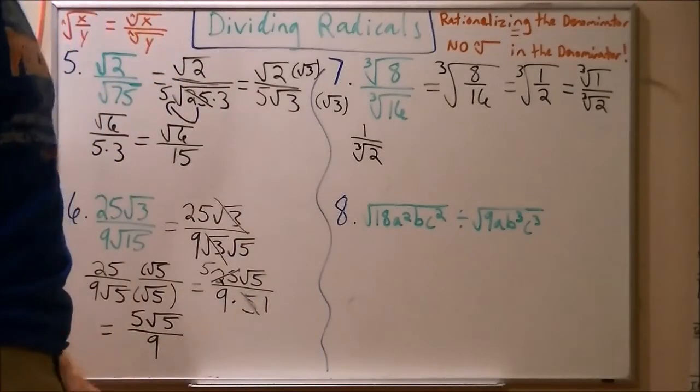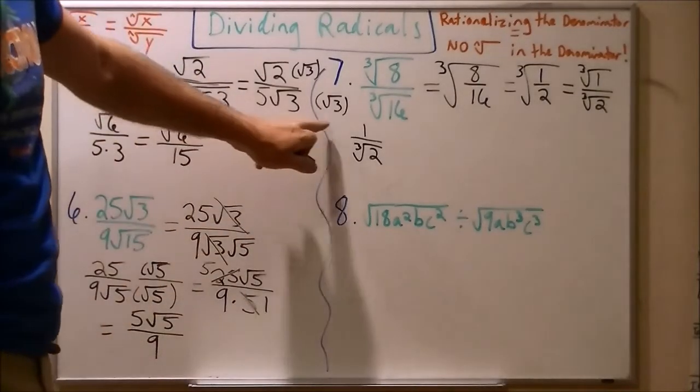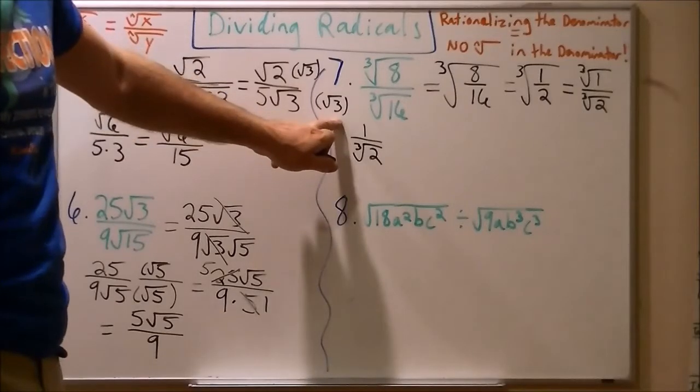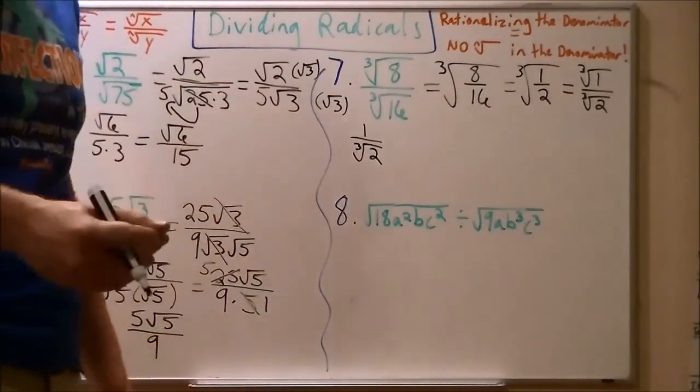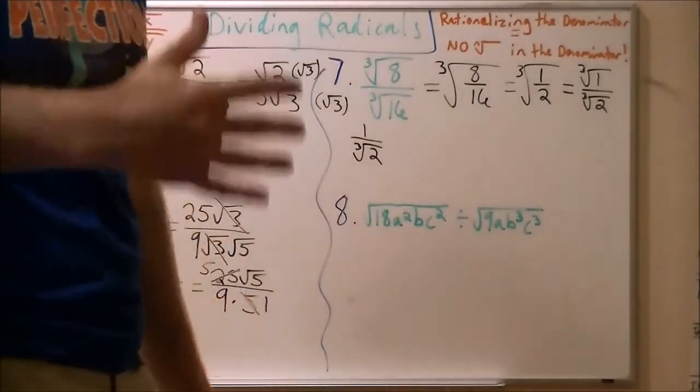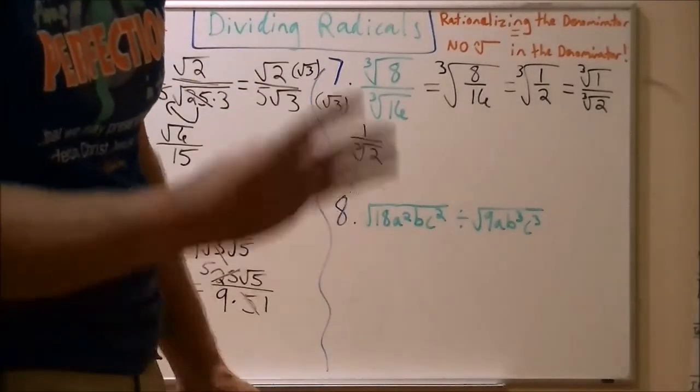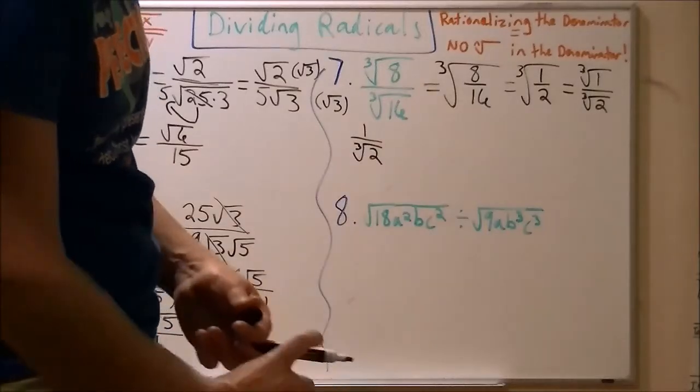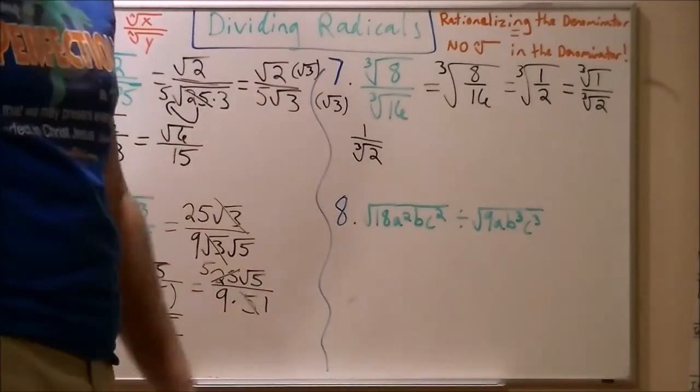A square root, you only have to multiply it by itself once because it's what number times itself. A cubed root is what number times itself, for a total of 3 appearances instead of only 2 as with a square root.